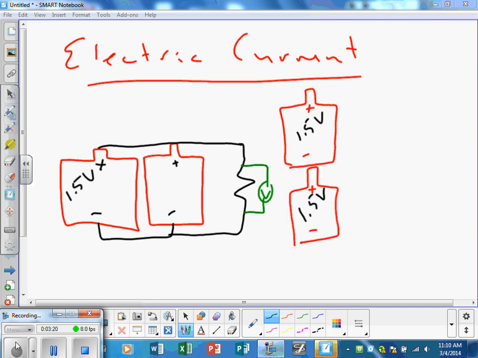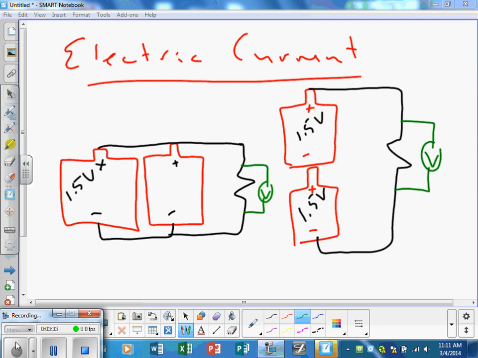If we took this out into a circuit, we would not have a 1.5 volt difference anymore. If we put a voltmeter on here, we would measure that voltage difference as 3 volts. So that's the difference between hooking up batteries in parallel and series. One will get more voltage, one doesn't.